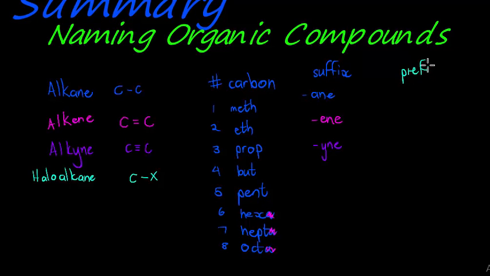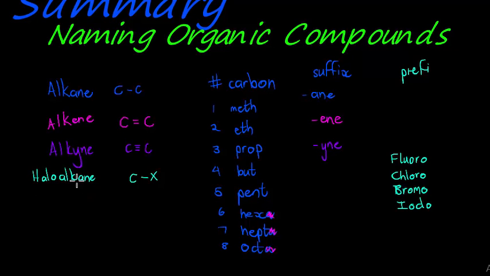The prefix was either fluoro, chloro, bromo, or iodo, depending on what the halogen is. Fluorine, chlorine, bromine, and iodine are the halogens that we worked with. Those were the haloalkanes.